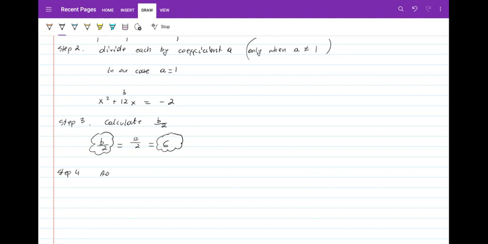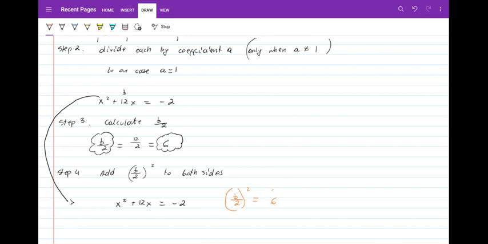Step 4, add b over 2 squared to both sides of the equation. So we are right here. Our equation looks this way, x squared plus 12x equals negative 2. Let me calculate that b over 2 squared. b over 2 was equal to 6.